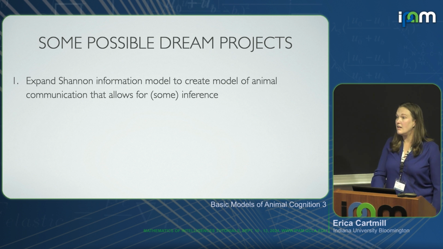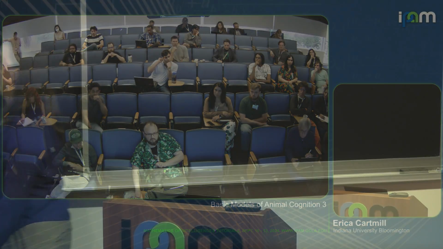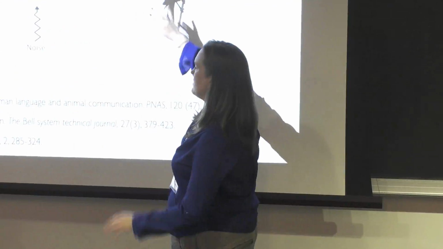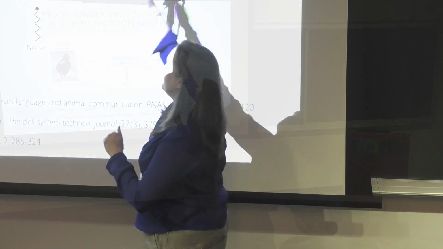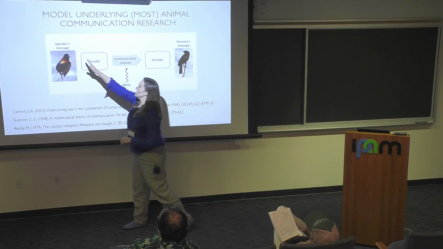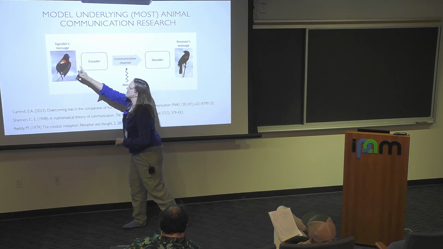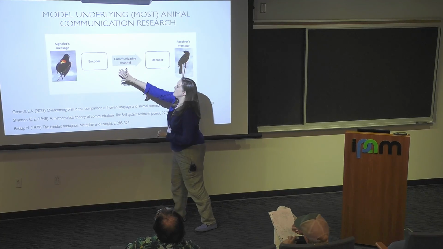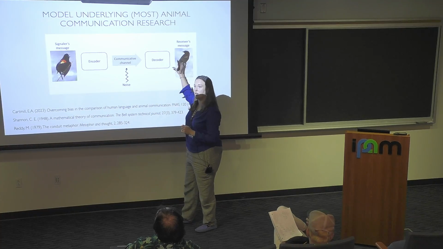And then an example just to illustrate what you mean by this. Yeah, so taking this kind of model, which is a mathematical model, and adding in some ability for this system to be modulated by, say, past interactions or inference about the signaler changing the way they encode based on the external environment or based on who they're communicating with.